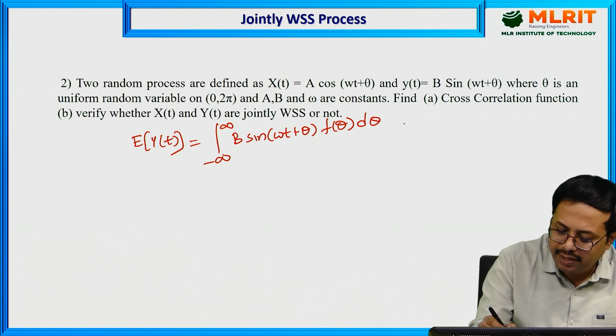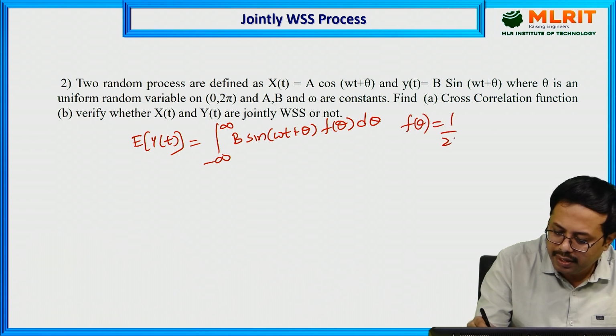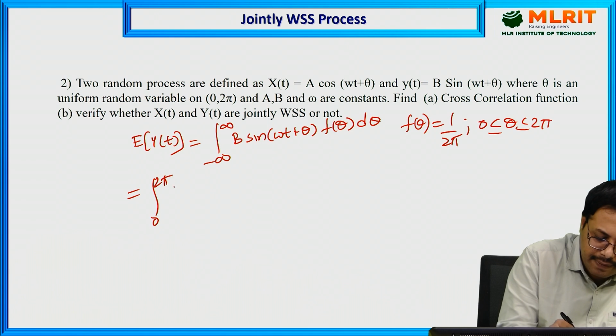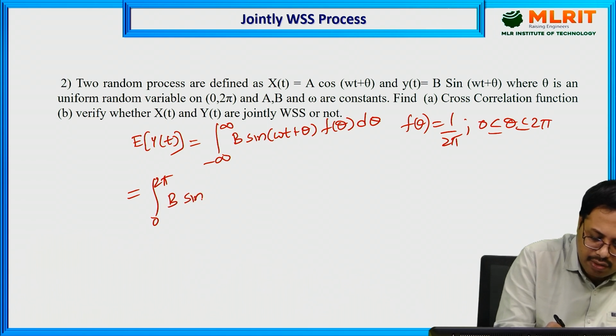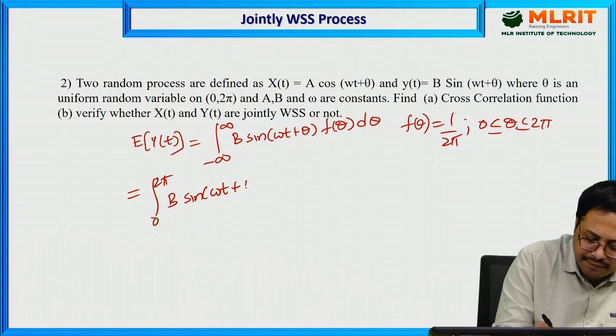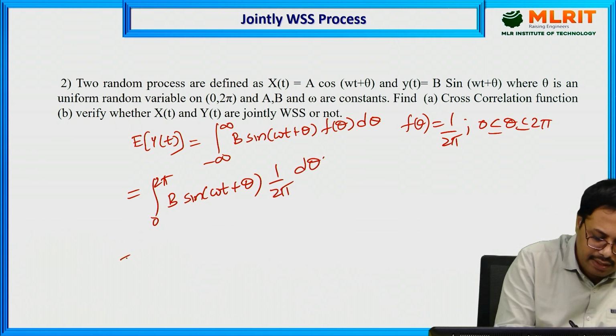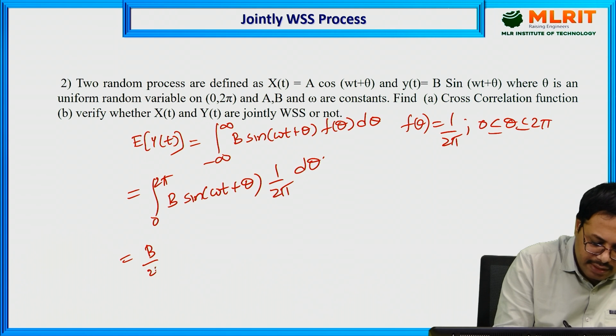Then it is defined as f of theta equal to 1 by 2 pi for the interval 0 less than or equal to theta less than or equal to 2 pi. Then change the interval to 0 to 2 pi: B sine(omega t plus theta) 1 by 2 pi d theta. Now again simplify it, B by 2 pi is a common term.